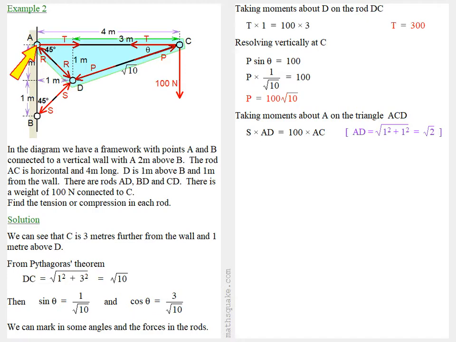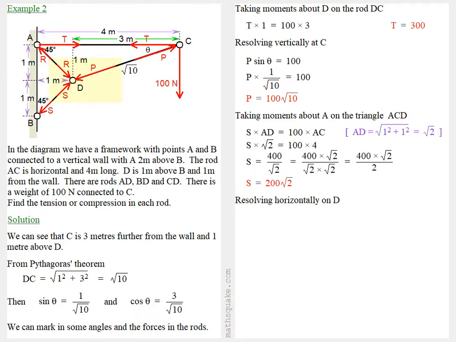And so we have S times root 2 equals 100 times AC, which is 4. That gives us S is equal to 400 over root 2, and we can rationalise the denominator by multiplying top and bottom by root 2. So that gives us 400 times root 2 over 2, or S is equal to 200 root 2.